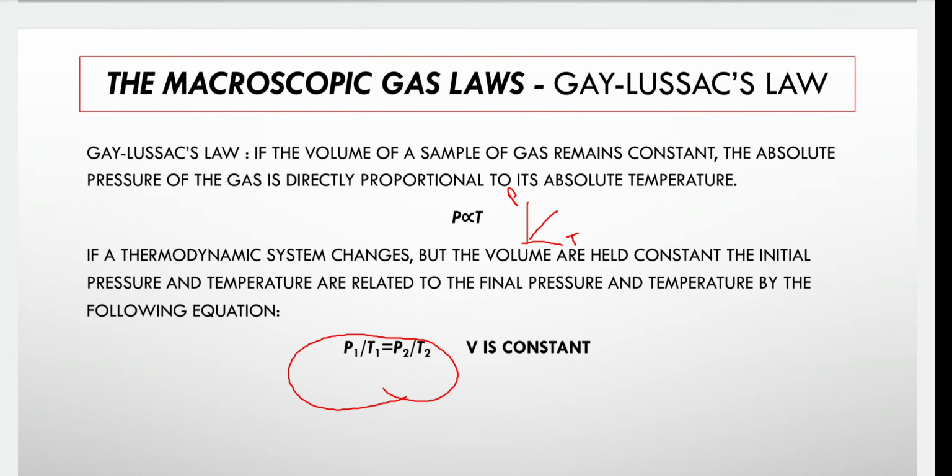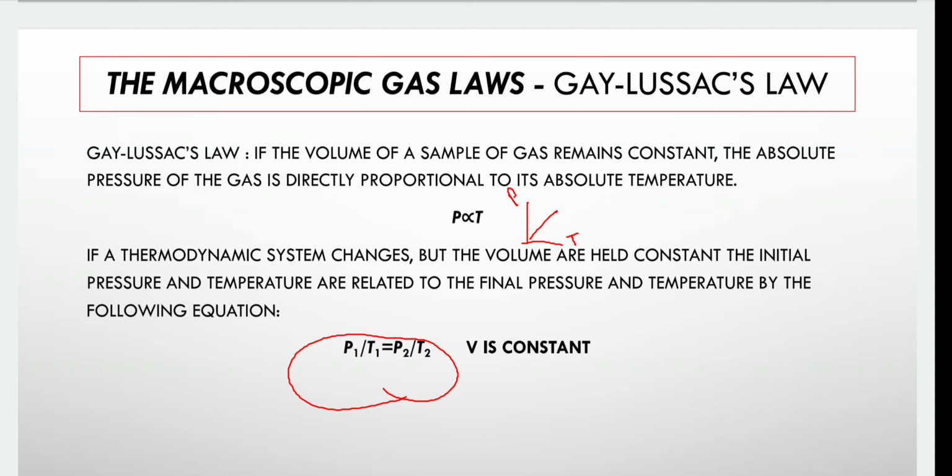The third one is Gay-Lussac's law. Gay-Lussac's law has a relation between P and T. P is the pressure, T is the temperature, and both are directly proportional, so the relation is the same as before: P1 over T1 equals P2 over T2, and this happens when the volume is constant.